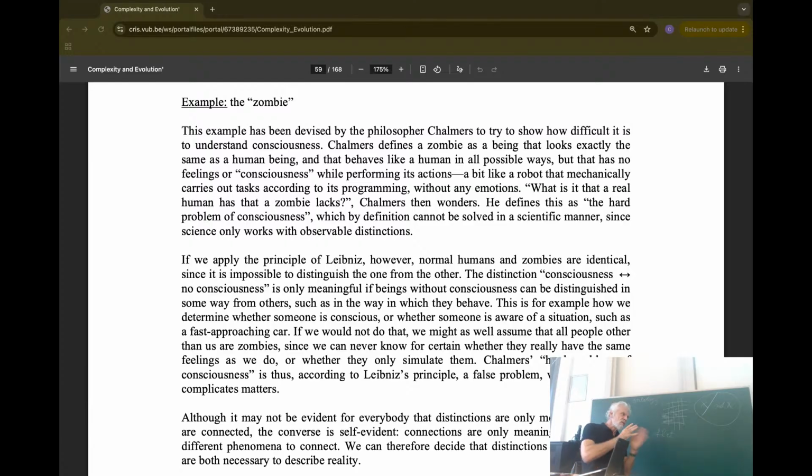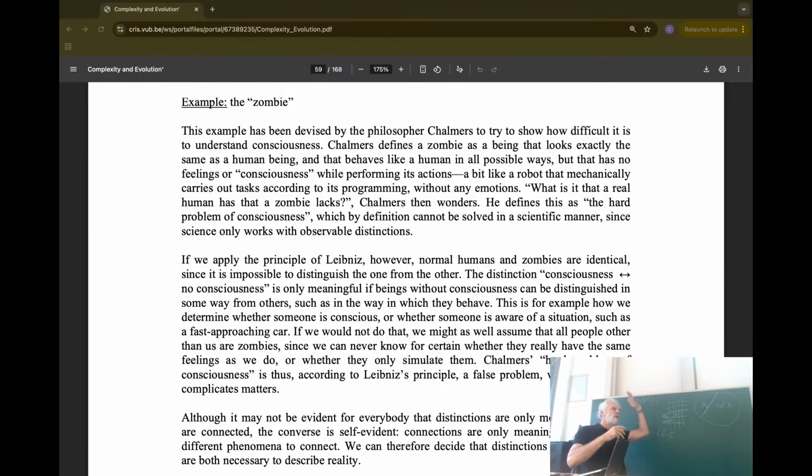And actually, there was another philosopher that had formulated a similar principle, and that is Leibniz. He spoke about the principle of the identity of the indiscernibles, or the identity of the indistinguishables. His idea is, if there are two objects and you cannot make any distinction between the one and the other, then those two objects are actually one object.